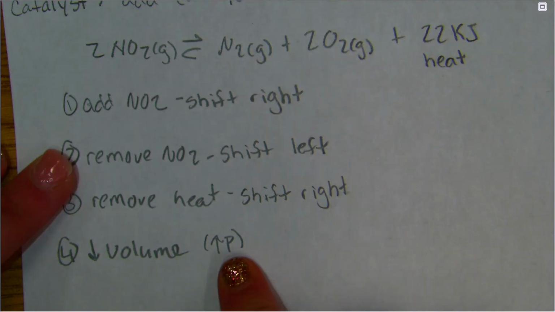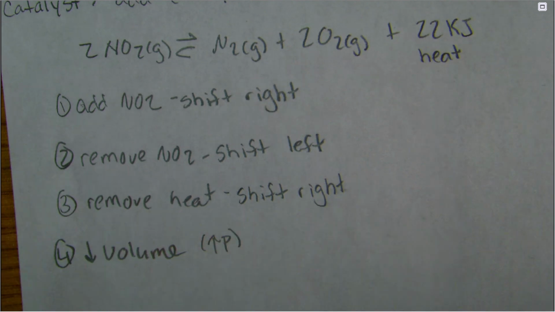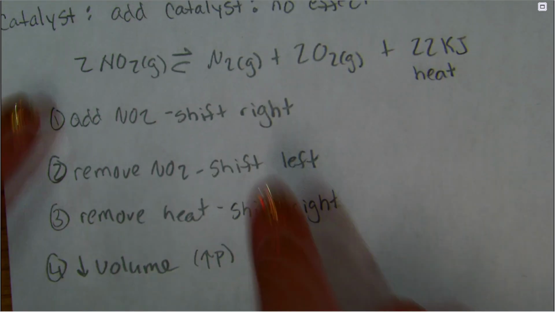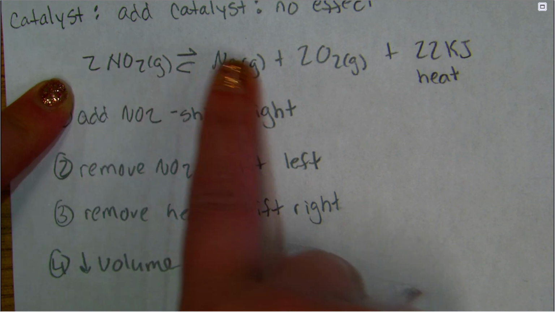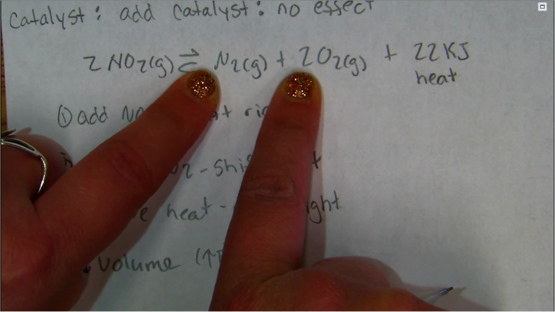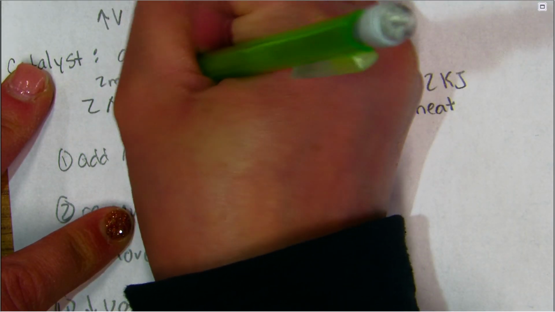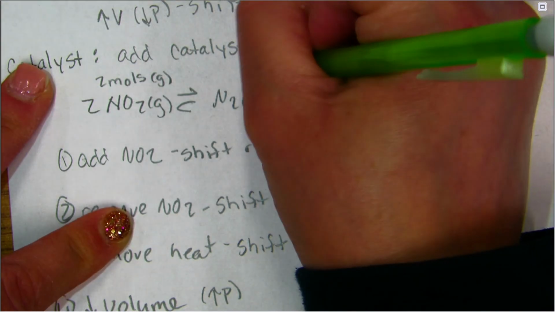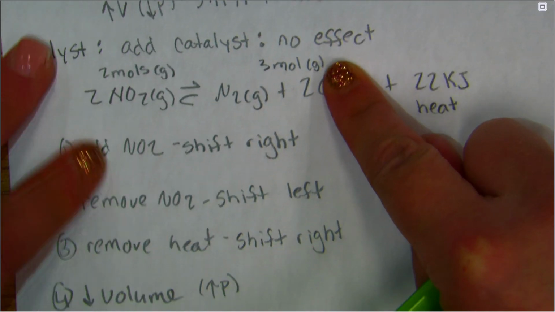So how am I going to get rid of the pressure that I have now created? This is where the number of moles of gas comes in. I have 2 total moles of gas on the left side. I have 2 plus 1, 3 moles of gas on the right side.